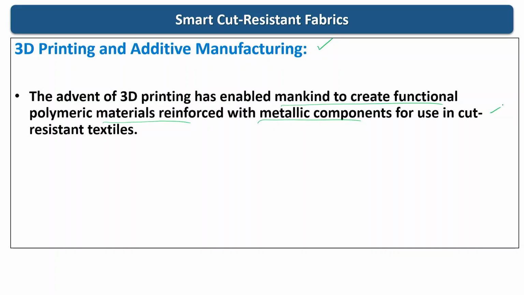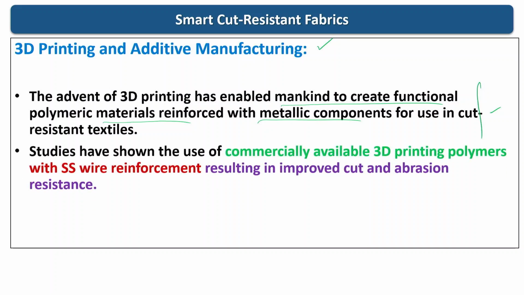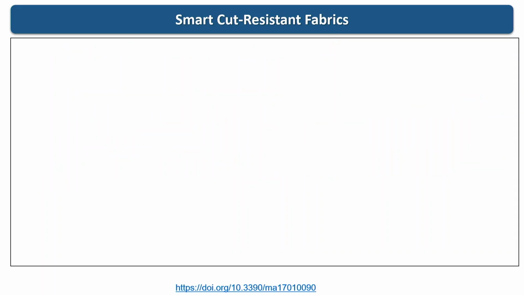So, that functional polymeric material with reinforced metallic component we can use for cut resistance, that is, additive manufacturing technique can be used. The studies have shown that commercially available 3D printed polymer with stainless steel reinforcement results in improved cutting and abrasion resistance, that is being used here.